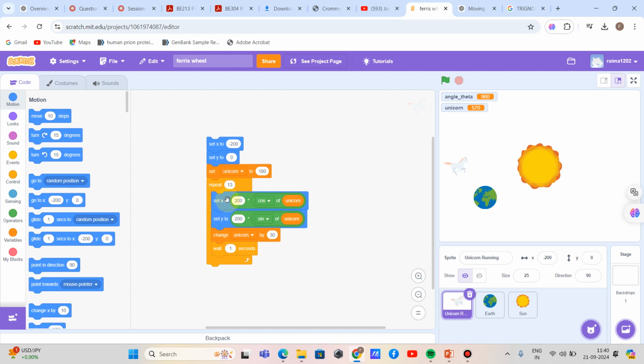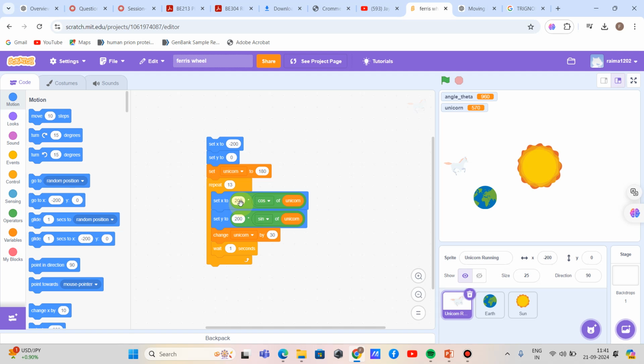So how am I changing the position of the sprite unicorn? As I move, I'm setting the x coordinate to 200, which is my radius for unicorn's movement, using r cos theta, where theta is the angle of unicorn. For the first iteration of the loop, theta is 180 degrees.